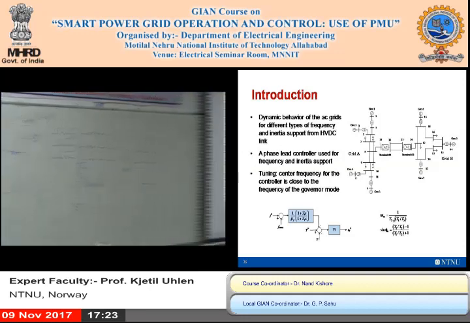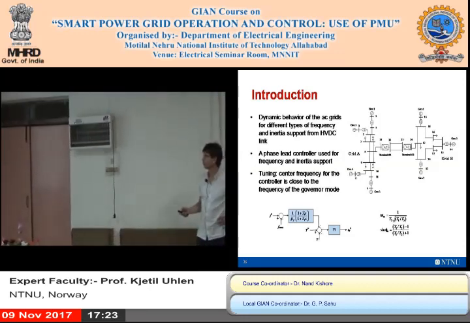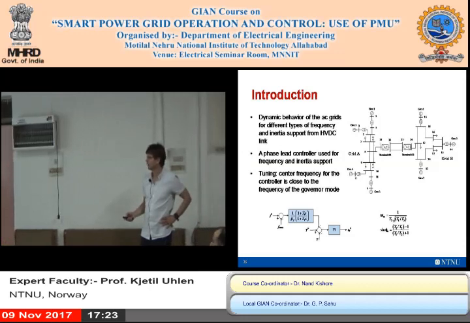So we have here a loss of load in grid number B, loss of load over here, that results in a rise of frequency.